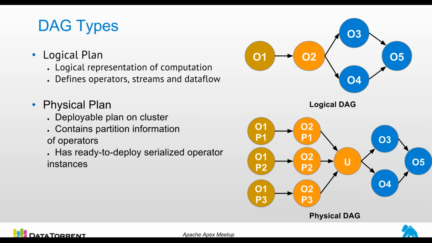The major difference between Storm and Apex is that in Storm, for every tuple that is being processed, an acknowledgement is sent back to the coordinator. Whereas in Apex, there is a concept called windowing, which makes the processing more efficient.